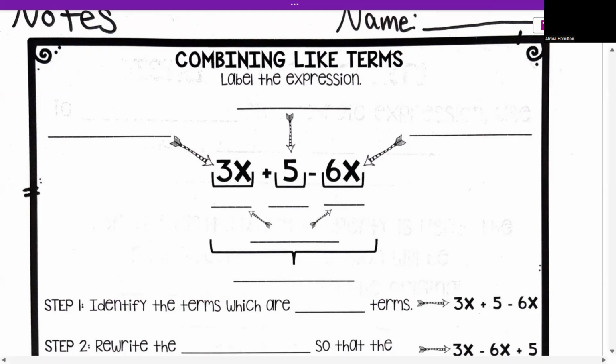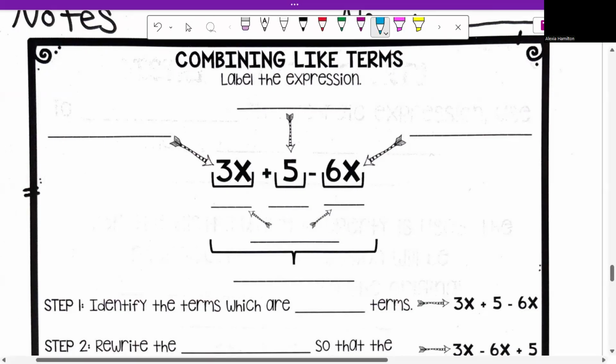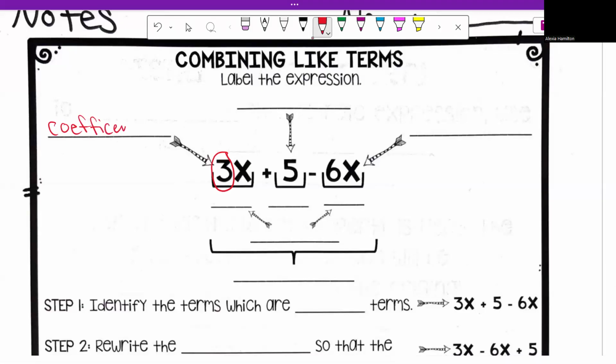So to get us started, on the combining like terms, we have three arrows up at the top. This first arrow is pointing to the 3. The 3 is a coefficient. Coefficients are numbers with letters.